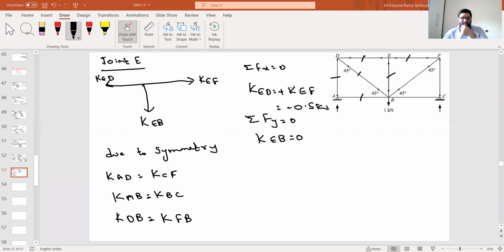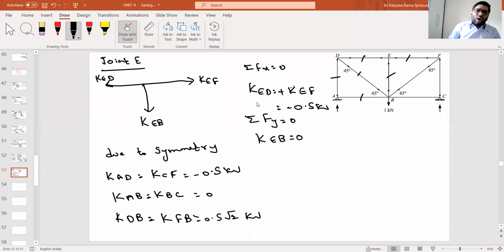What is KDB? 0.5 root 2, and KFB is also 0.5 root 2. And what is KAB? We already calculated KAB, that is 0, so KBC is 0. And KAD is equal to KCF, so minus 0.5 kilonewton.